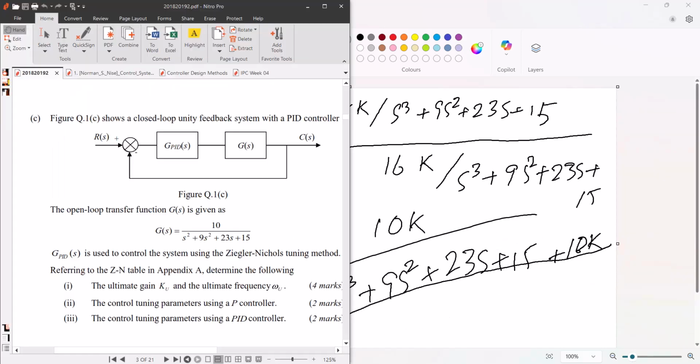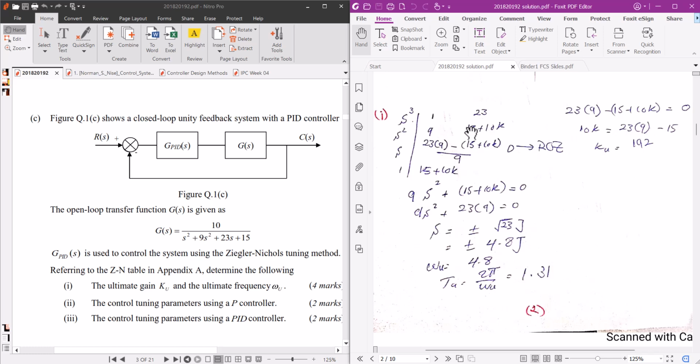After making the table, we made one row 0, and from here we got the value of K, the gain at which our system will become oscillatory, right? So this is how we get this K and capital T. This is the first part we completed, the ultimate gain and the ultimate frequency.